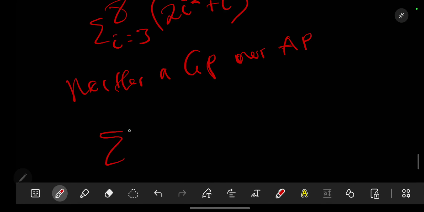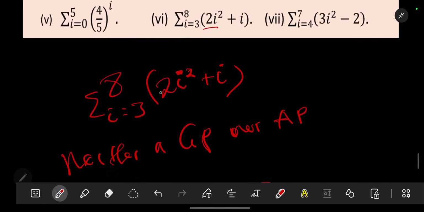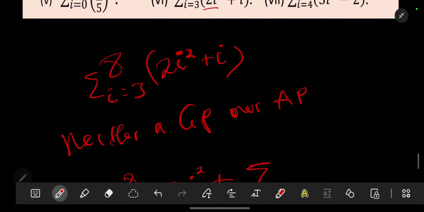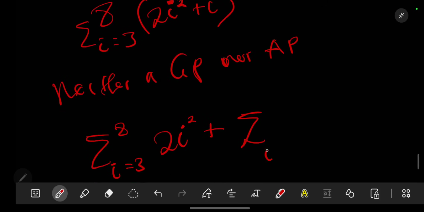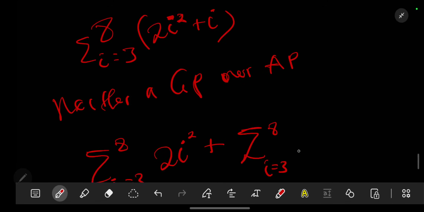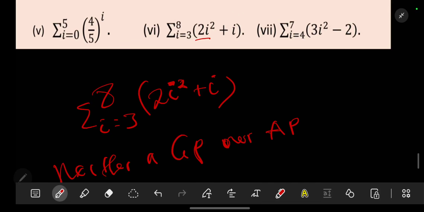The summation from I is equal to 3 to 8 of 2I squared, then plus your summation again. You can just start replacing it, it's okay, but this makes your work easier and it prevents you from making a mistake. Of the same limits, I is equal to 3 to 8, of I like that. So we have split this.